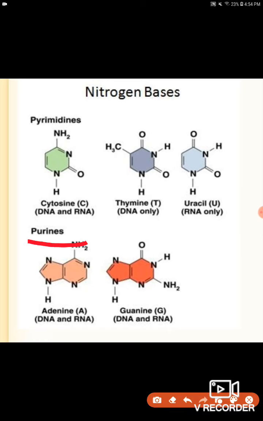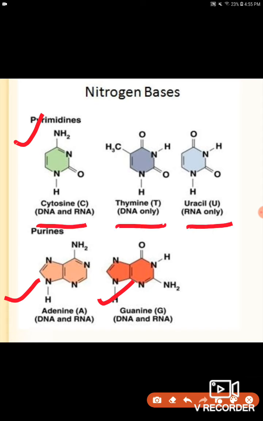These are 2 examples of purines, adenine and guanine. Purines have a double ring structure. Here you can see in the figure, these are the double ring structures. But the pyrimidines have a single ring structure, and examples are cytosine, thymine and uracil.